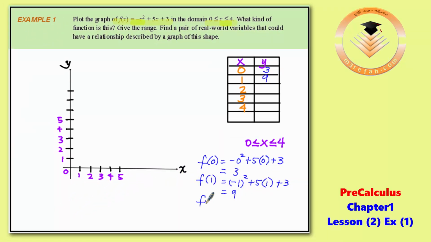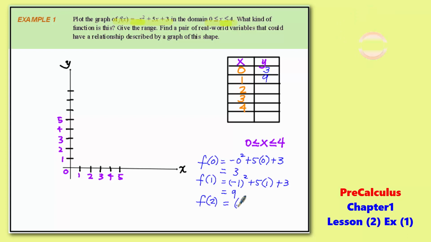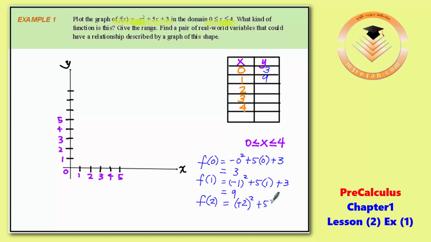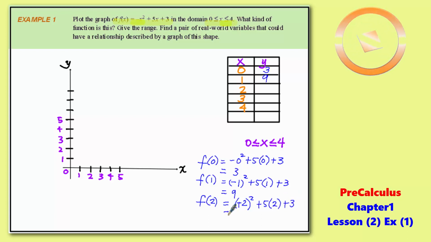Now if x is equal to 2, we have negative 2 squared plus 5 times, I'm sorry, that's 2, not negative 2. 5 times 2 plus 3, this would be equal to negative 4 plus 10, that's 6, plus 3, 9. So we have 9.